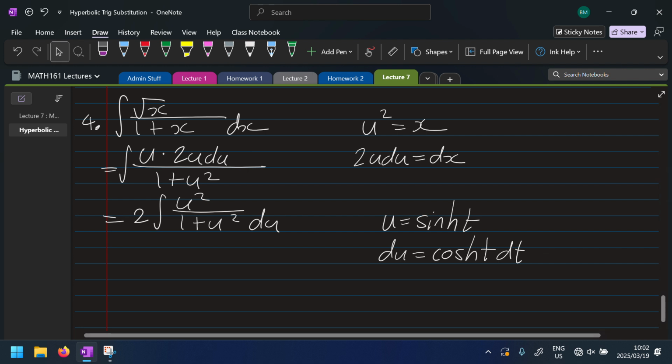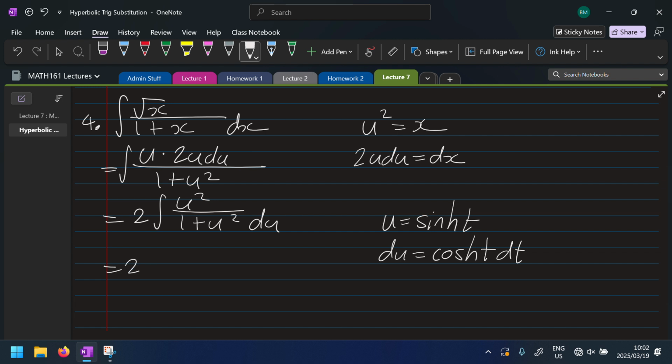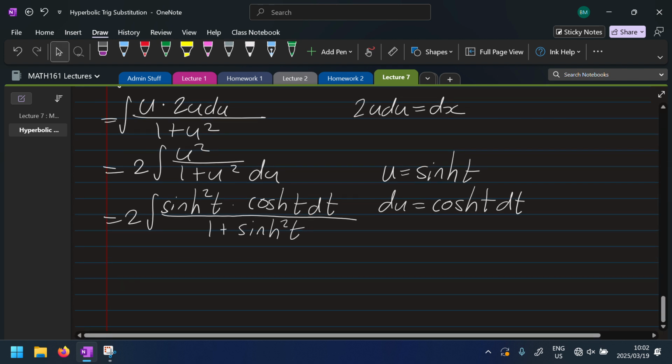Now we just substitute. So we've got the 2 on the outside. Integral u squared, that will be sine hyperbolic squared. Then du, that will be a cos hyperbolic t dt. And in the bottom, 1 plus sine hyperbolic squared. Okay, so we got all of that. A lot of simplifying now.